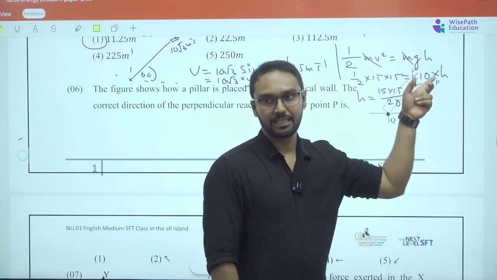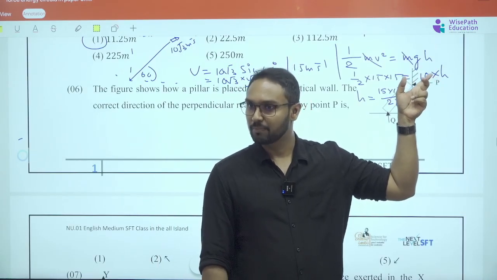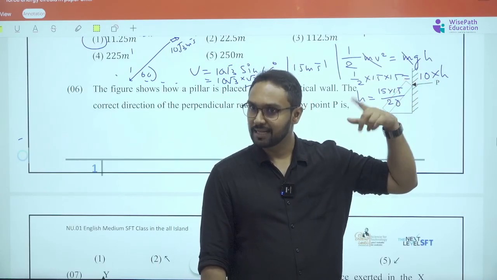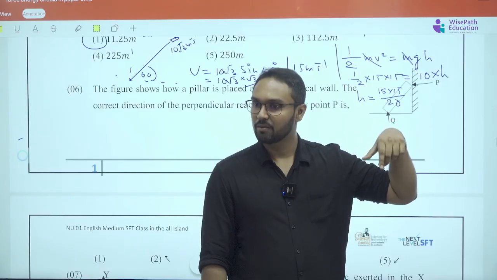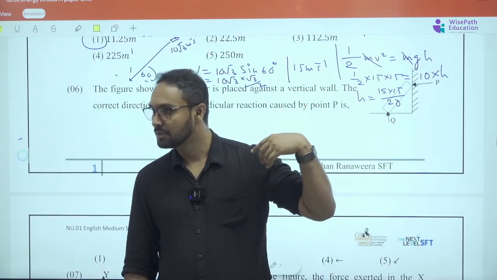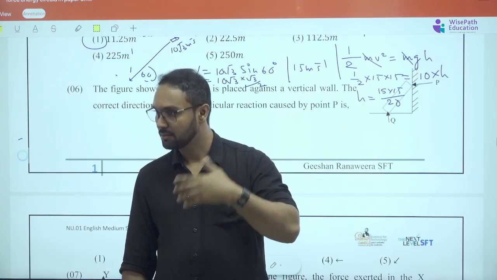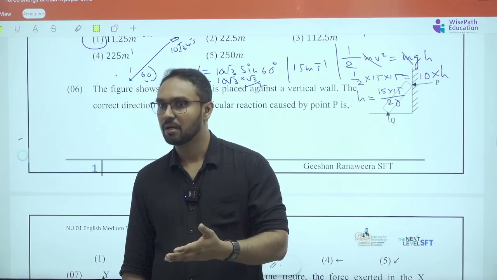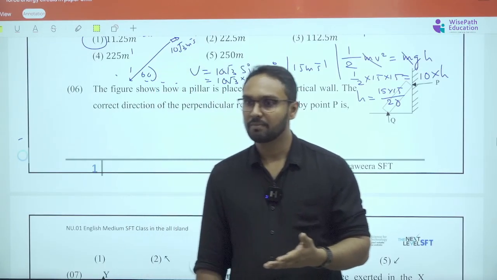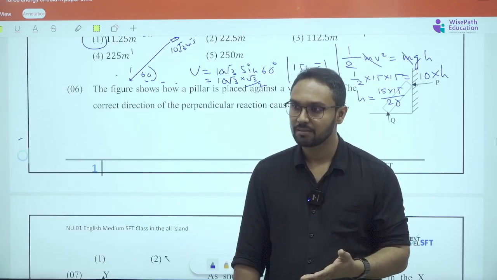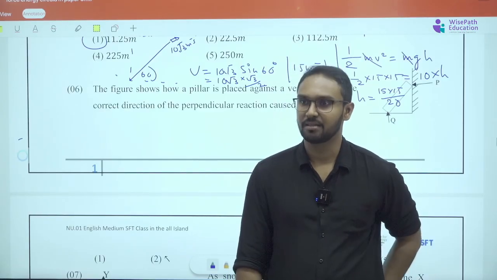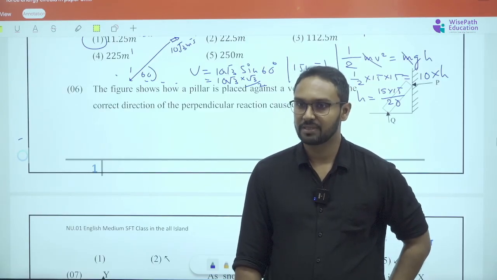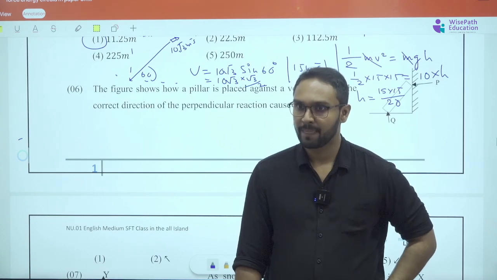There is a reaction that occurs at the point P. So always the reaction is perpendicular to what? The reaction force is always perpendicular to the surface.